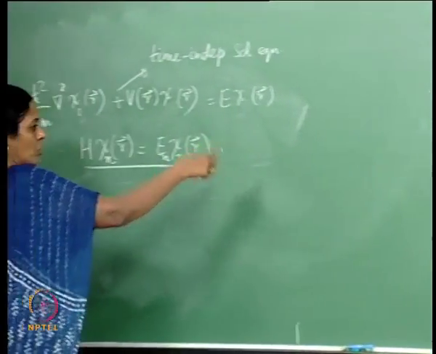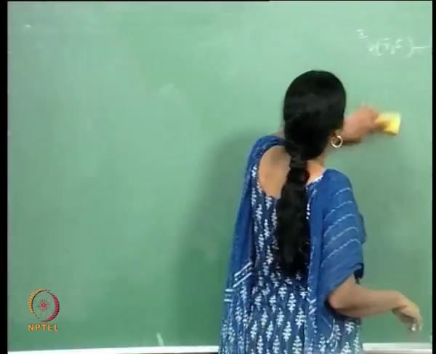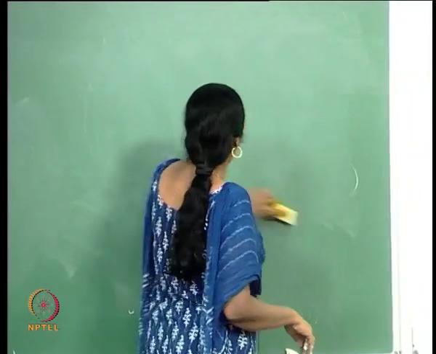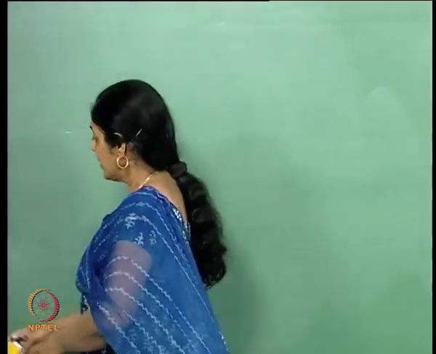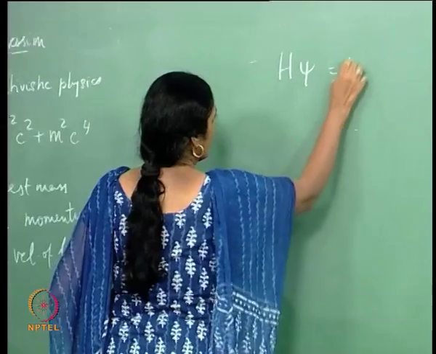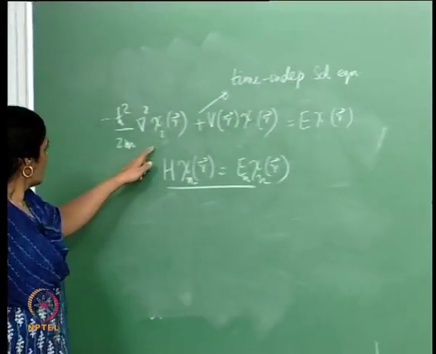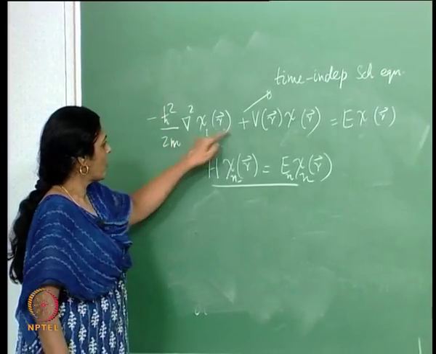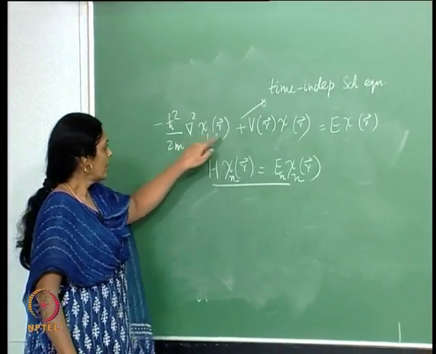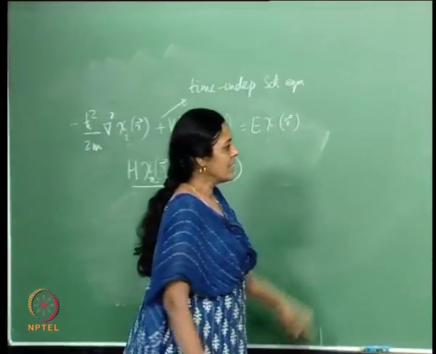Now returning to the non-relativistic case, which is all that we will be looking at, I have the following. In general, I seem to have a situation H psi equals E psi. Look at this, minus h cross squared by 2m del squared plus V is the Hamiltonian acting on the wave function, in this case I called it chi, is E chi.